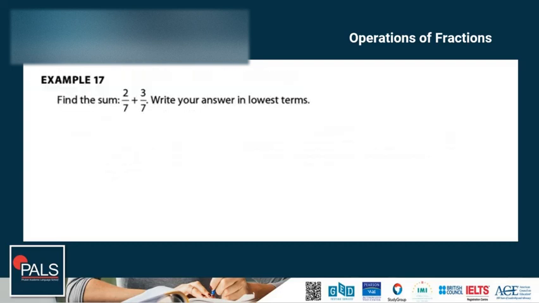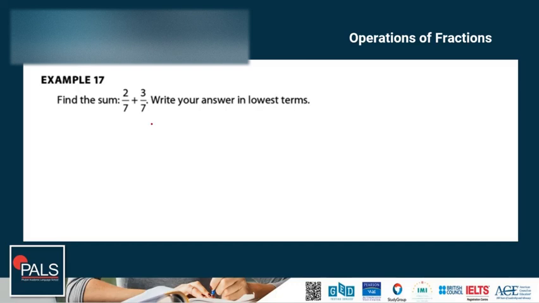Let's have some examples. First, find the sum of 2 over 7 plus 3 over 7. Write your answer in lowest terms. As you notice, the fractions have the same denominators, so the sum is found by just adding the numerators.